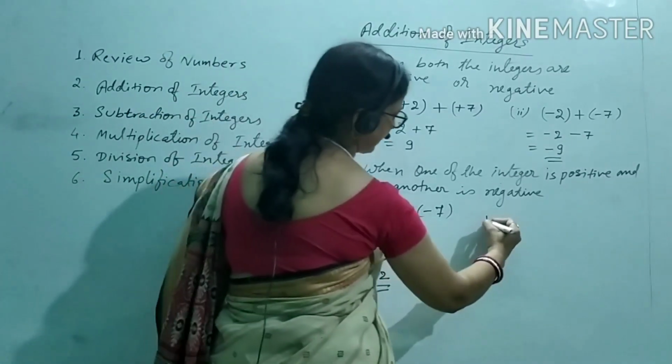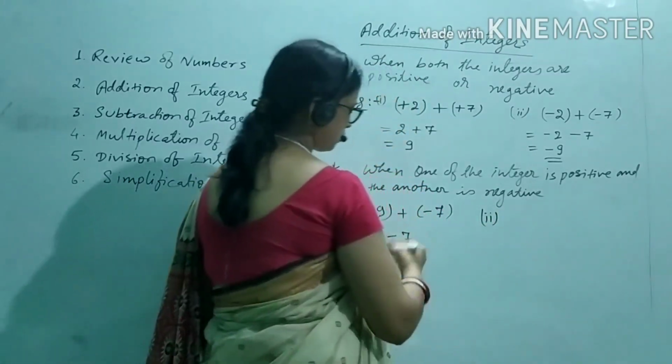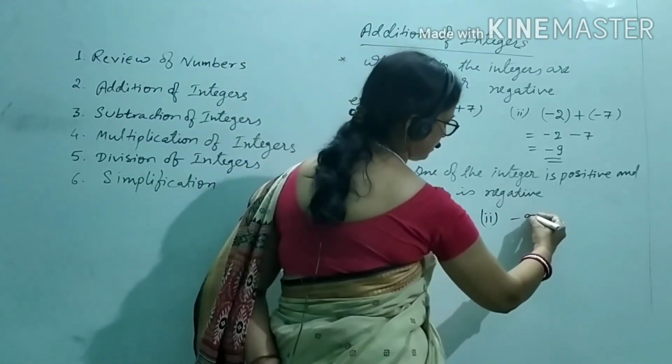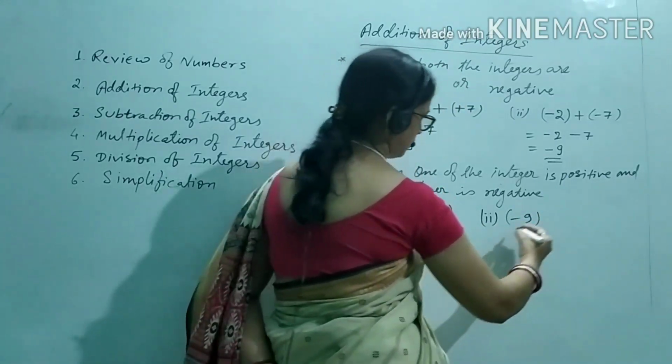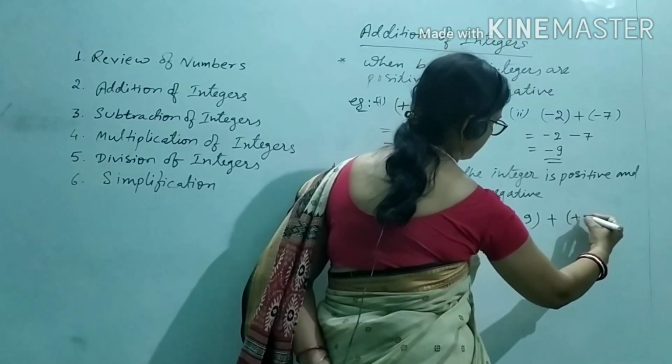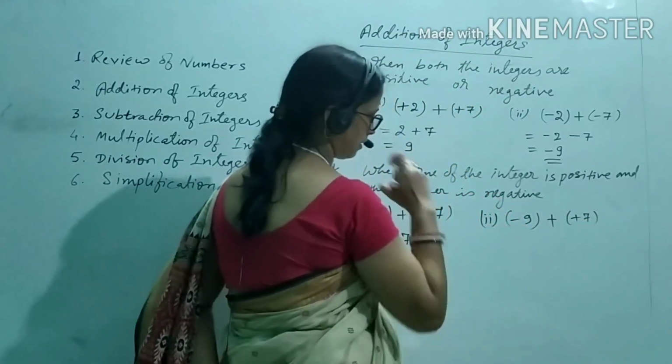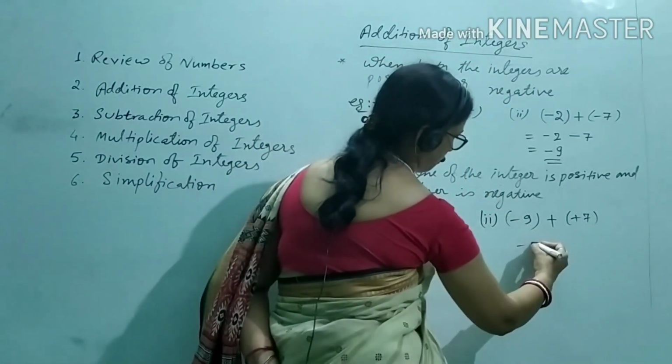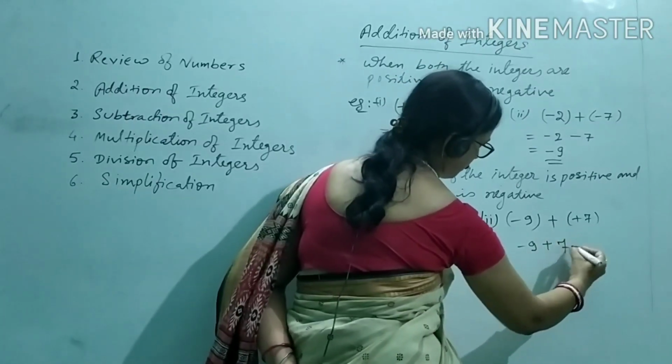Now look at the second example. Suppose we have a negative integer whose value is greater than the other positive integer. So this can be written as minus 9 plus 7.